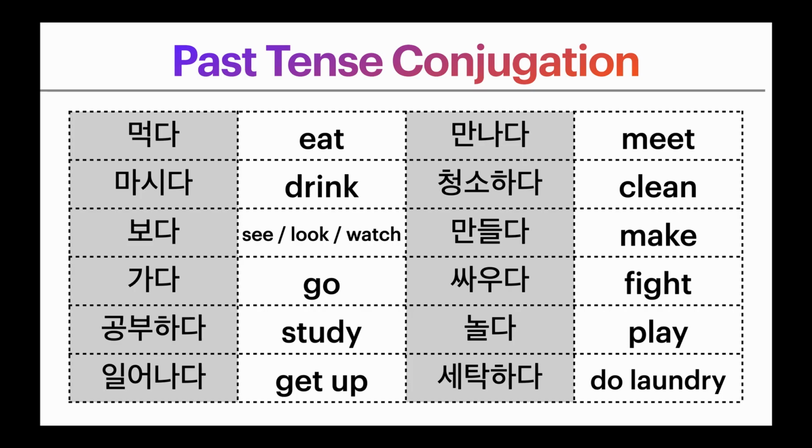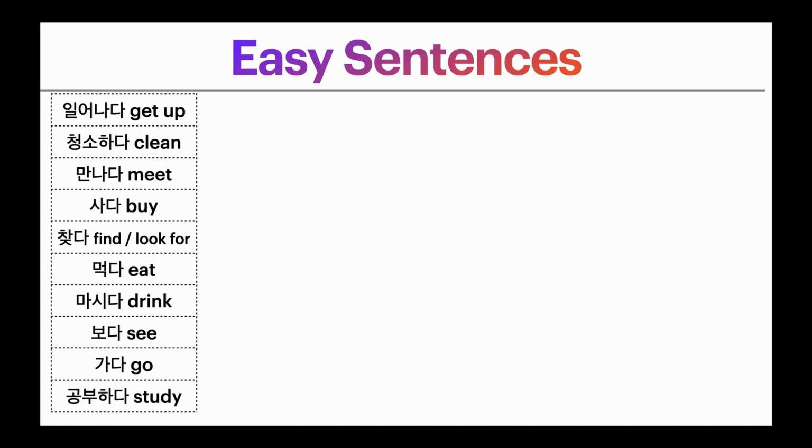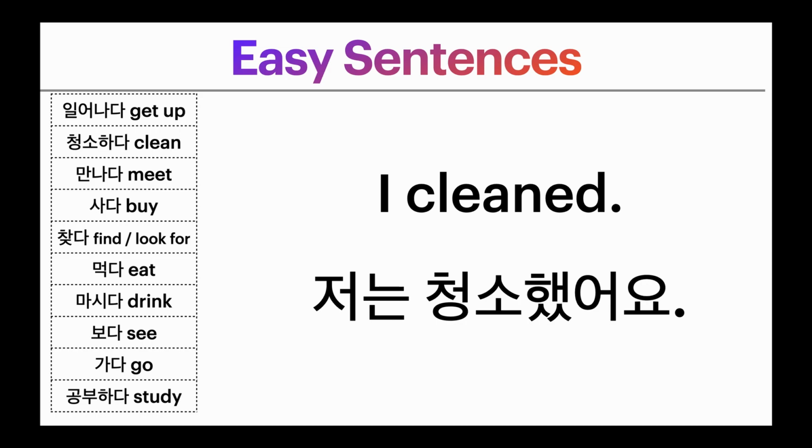And in case you don't know any of these words, here are their meanings if you want to pause and write them down. Now let's go ahead and move on to some very easy sentences using I plus a verb. And go ahead and use I just for these short sentences here. Starting with, I cleaned. 저는 청소했어요.